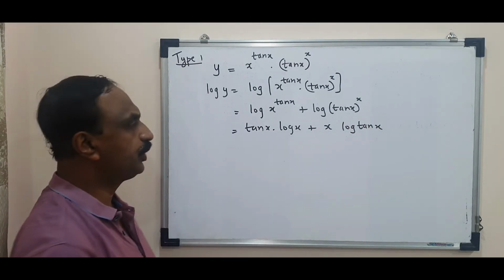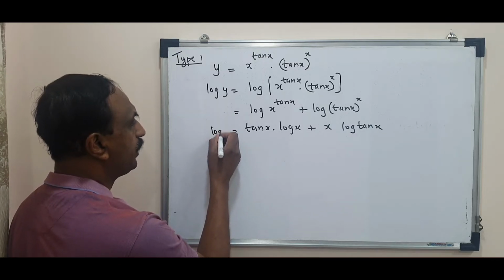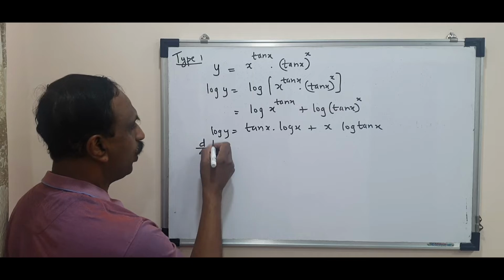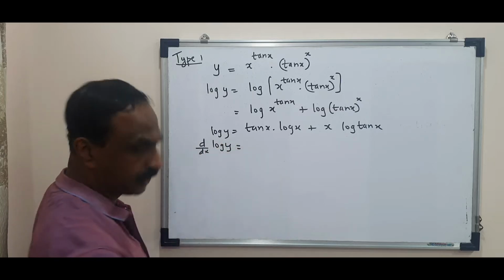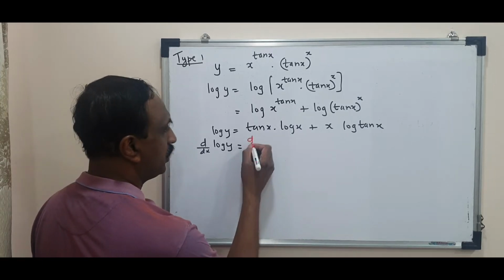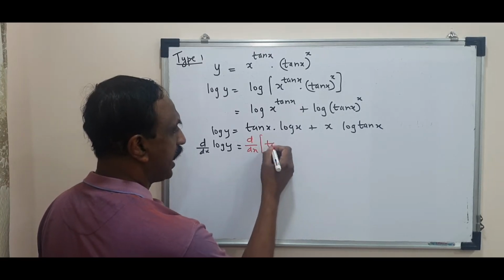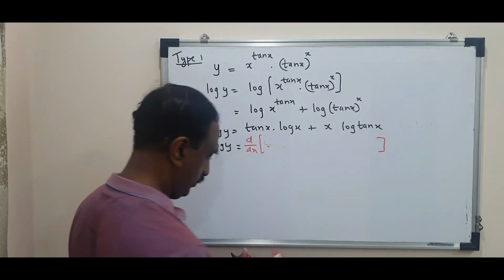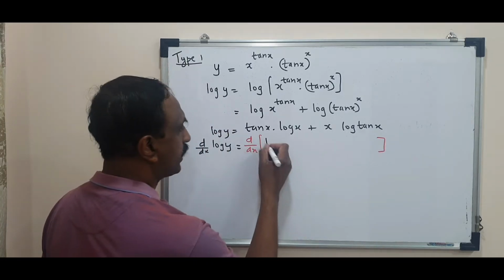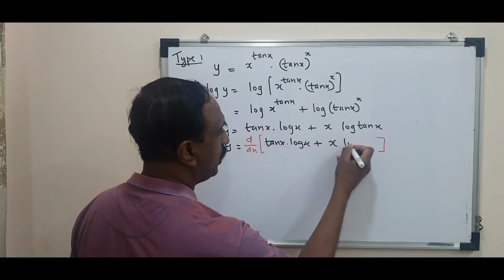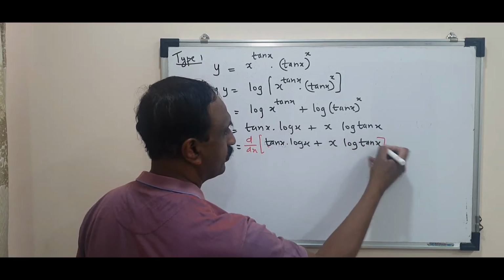Now I'm in a position to differentiate. My left hand side is log y, so I'm going to find the derivative of this. So d by dx of log y is equal to d by dx of tan x into log x plus x log tan x.